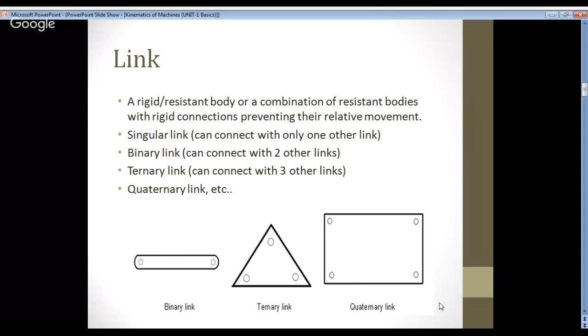The examples are also shown at the bottom of the slide. This difference is based on the number of connections which can be made to the link. If a link has two ends which can be connected to other parts, then it is a binary link. And if it has options for three connections, then it is a ternary link.